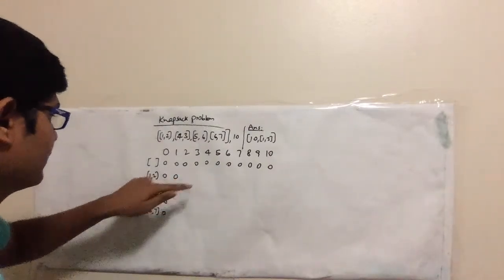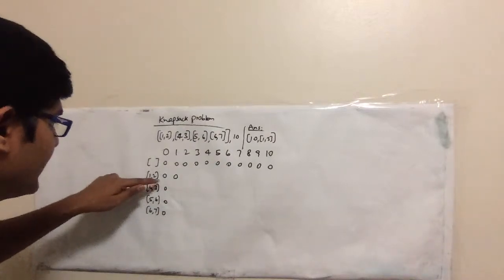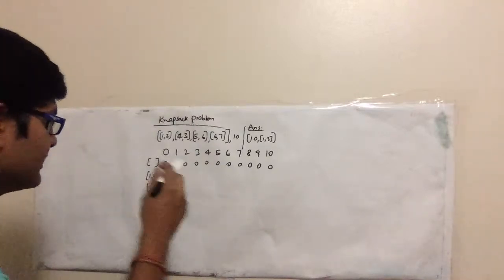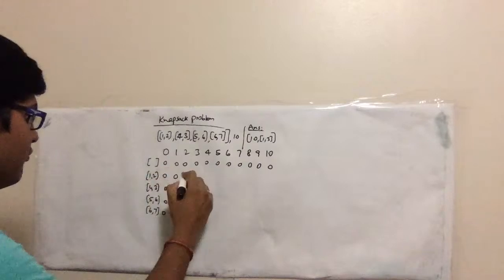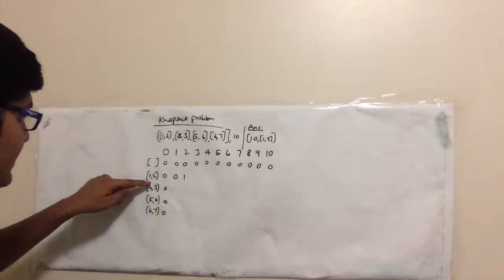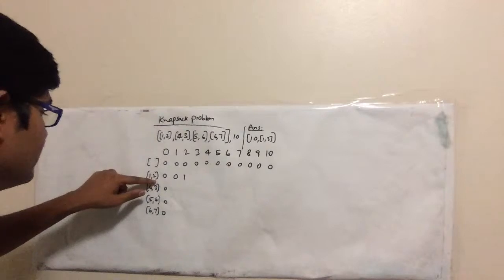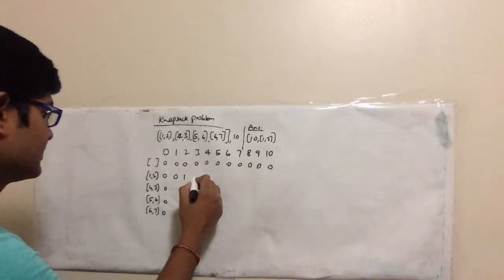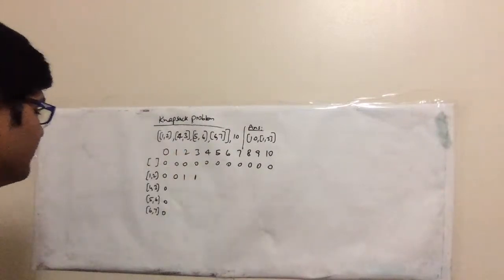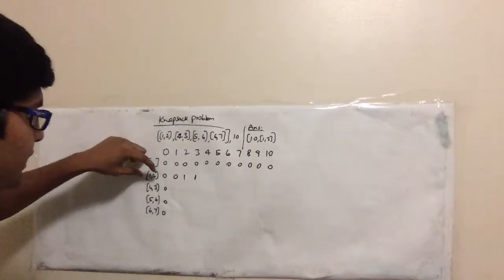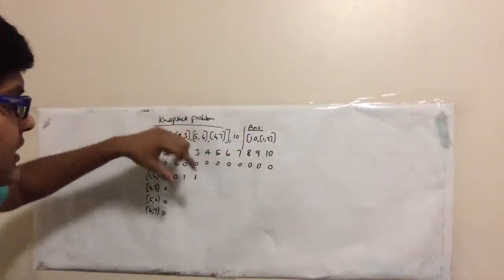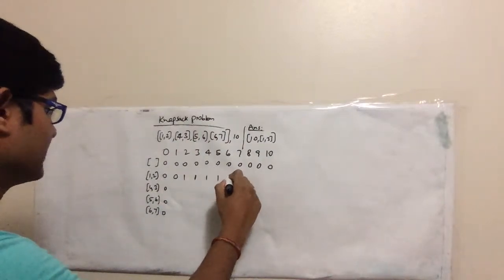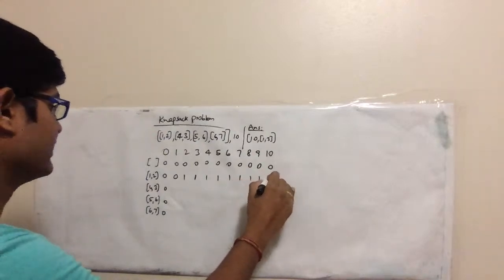Similarly, when we go here, we have a 2 kgs item and we have a 2 kgs capacity bag. So we can definitely put that item in the bag and get a value of 1. We can definitely keep it in a 3 kgs bag, and it will produce a value of 1. Similarly, we can keep this item in bigger capacity bags, so we get the value of 1.